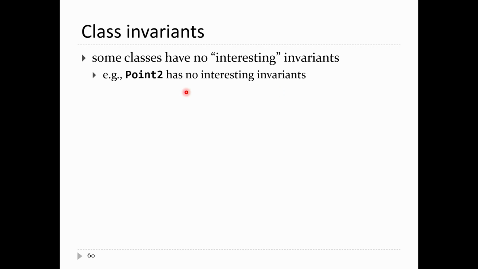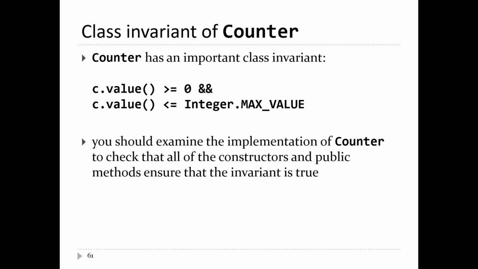Point2 has no invariants of note, but that Counter class that we talked about does have an invariant. Remember, the counter represents a physical count, and that means the value of the counter is never negative. So the counter invariant is that the value of the counter is always greater than or equal to 0.